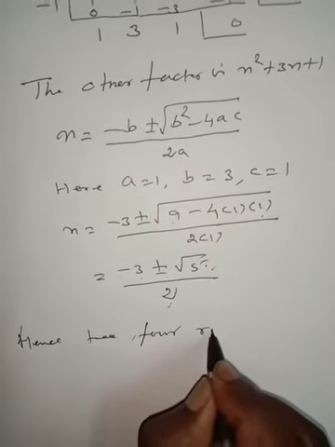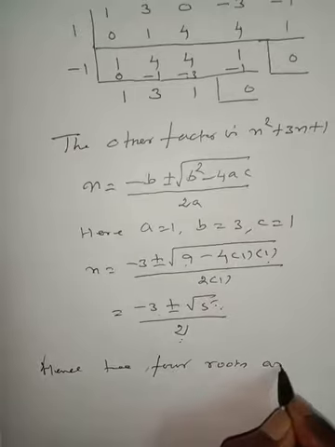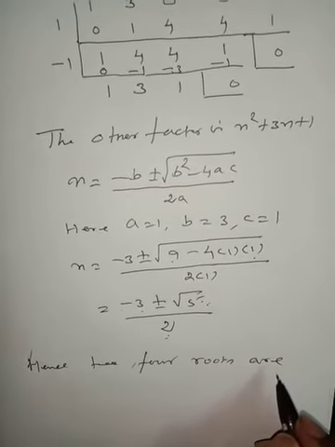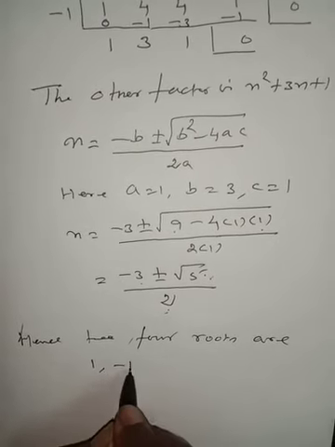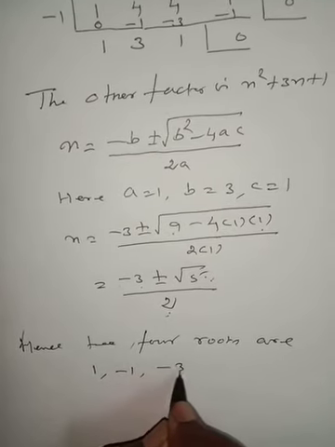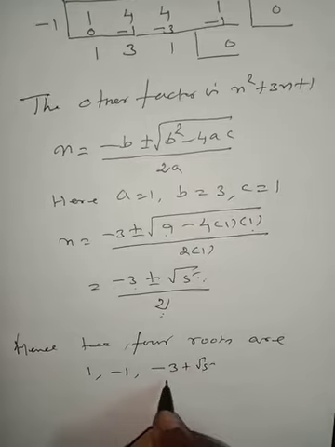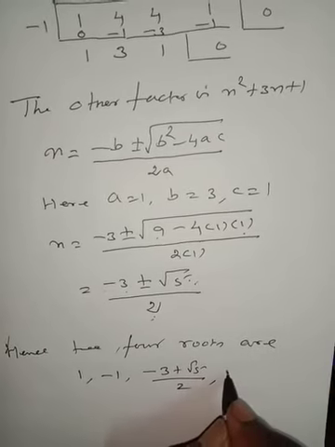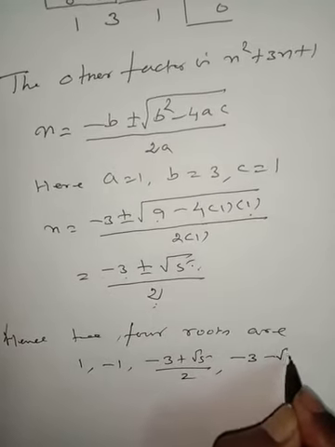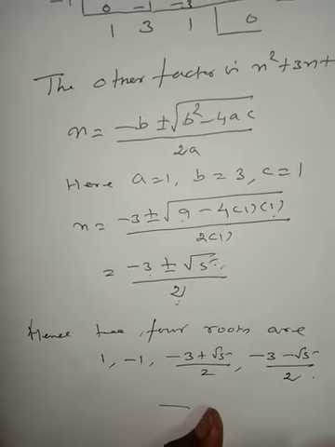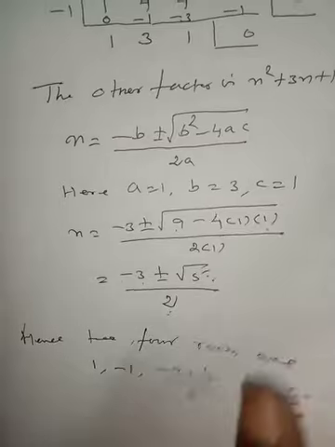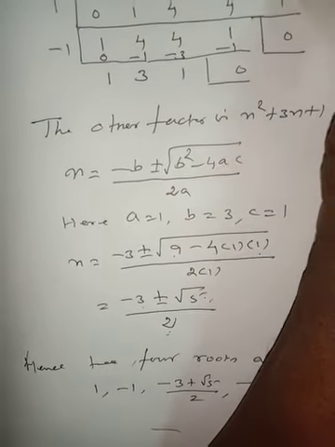Hence the 4 roots are: first 2 roots 1, minus 1, and minus 3 plus root 5 divided by 2 and minus 3 minus root 5 divided by 2. Hence the result.